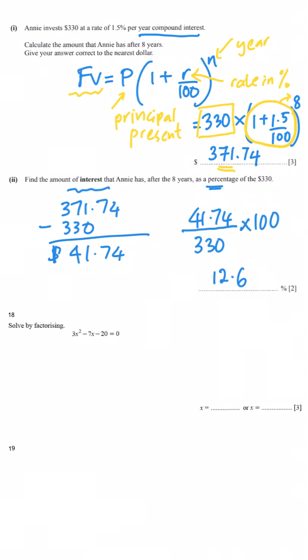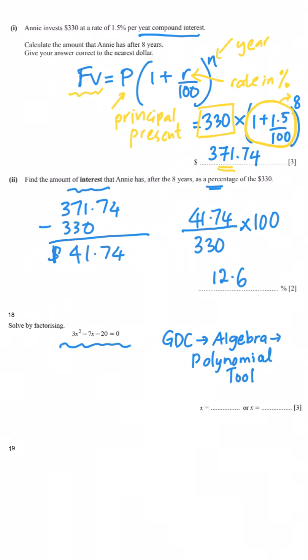Okay, there's a factorization question, question 18 here. Maybe I can do this quickly. This one you do using the calculator. You use GDC, I think algebra, and then polynomial tool. They ask what is the degree. Degree is the highest power, so that will be 2.